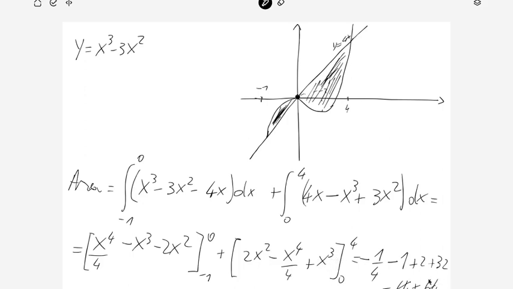So this quantity simplifies, you obtain 33 minus 1 over 4. So 33 times 4 is 132, so 131 over 4. But it is not important. Okay, perfect. And so this is the third exercise.